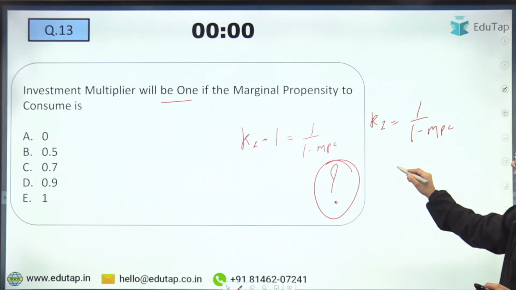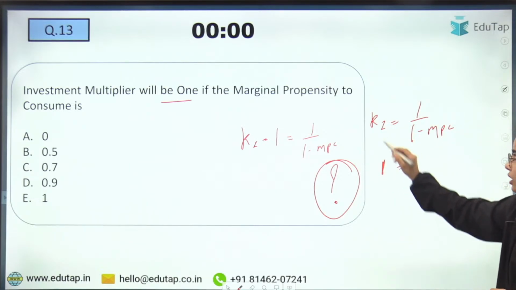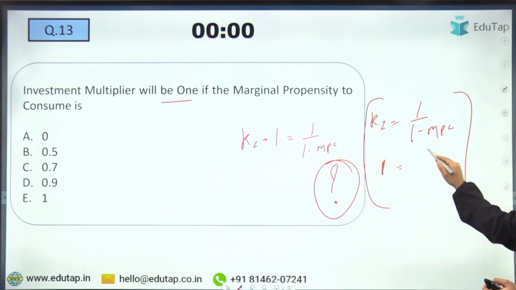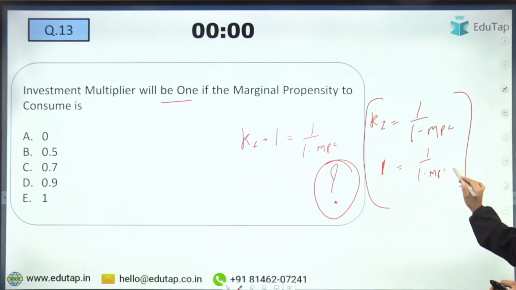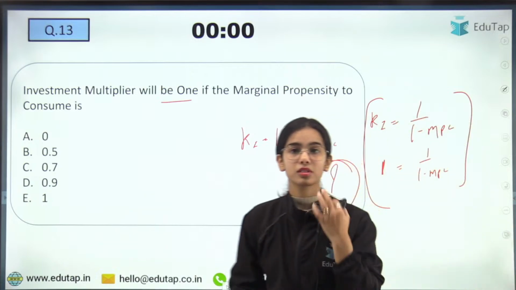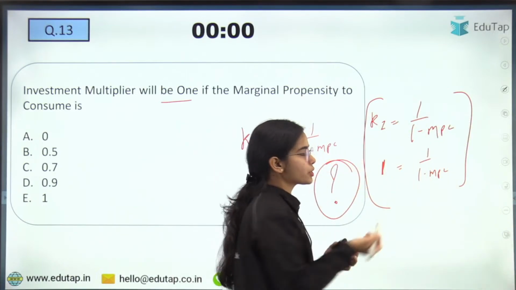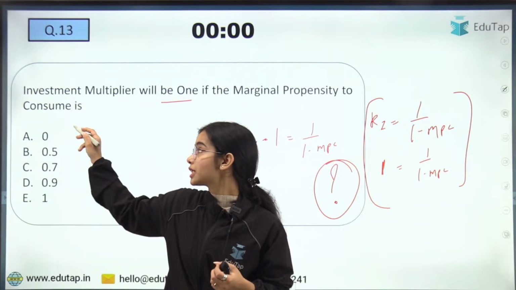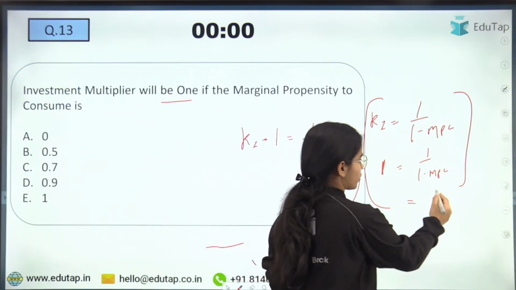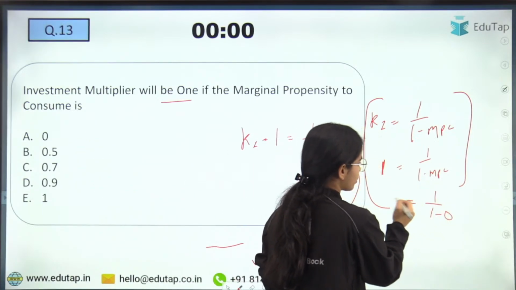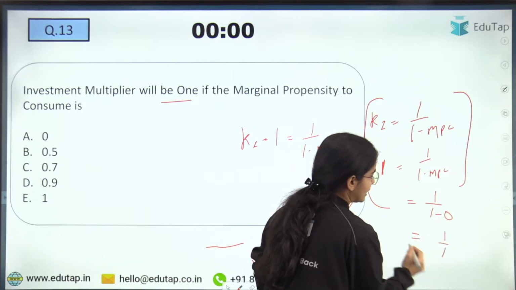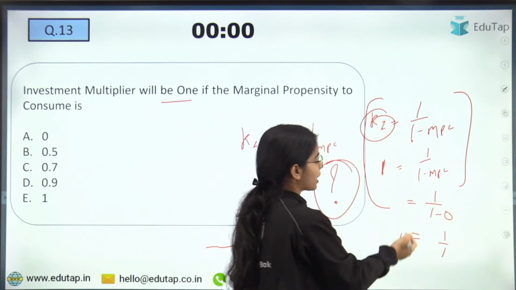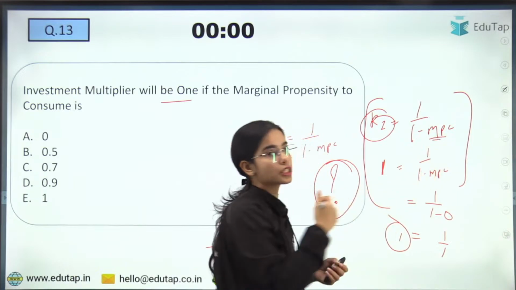If the investment multiplier is 1, what is the MPC? Just put the first option, that is 0. So let's say MPC is 0, 1 upon 1 minus 0, that is 1 upon 1, that is 1. So yes, the investment multiplier will be 1 if the MPC is 0.